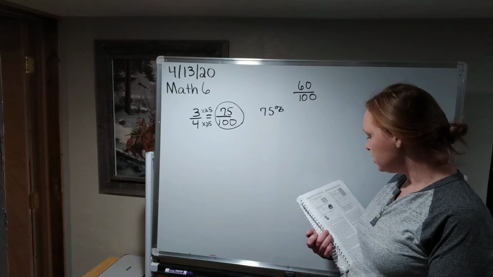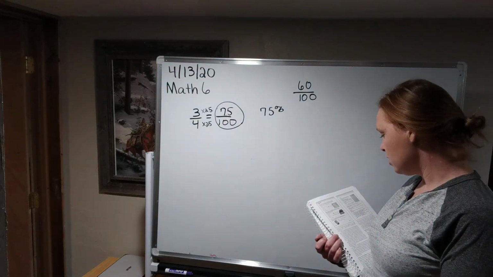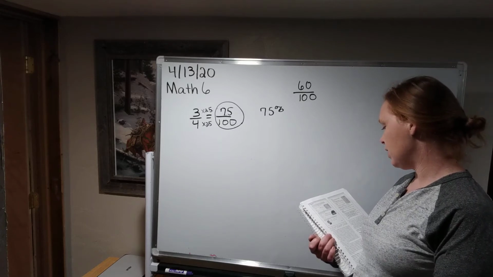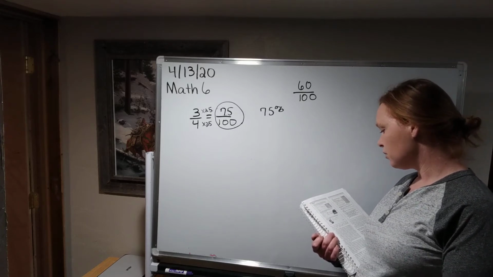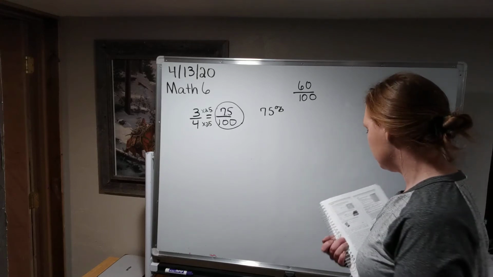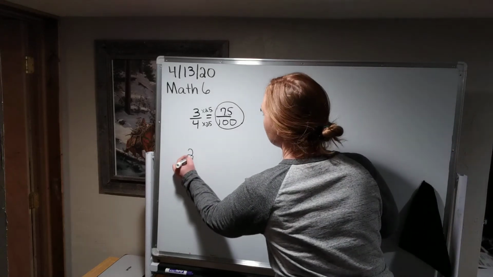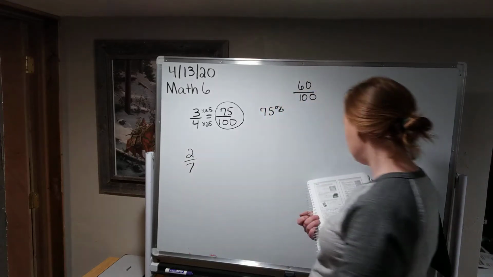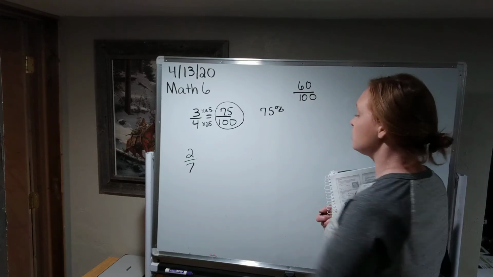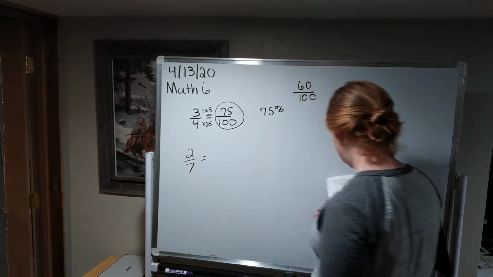The library ordered 7 new books about volcanoes. 2 of the books were about the string of shield volcanoes in the Pacific Ocean. What percent of the books were written about these shield volcanoes? So 2 of the books out of the 7 were about shield volcanoes. So 2/7 of the books. Okay, now we want to know what percent. So we want to change this to a percent.